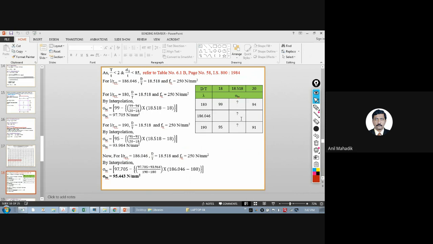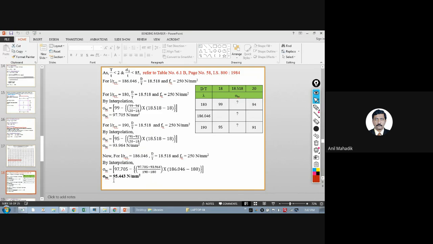So you can interpolate by the normal procedure and get the permissible bending stress. So through interpolation, you get sigma BC is 95. You know these values 99, 94, 91, so it will be somewhere in between, which is 95, which is okay. So we got sigma BC 95.